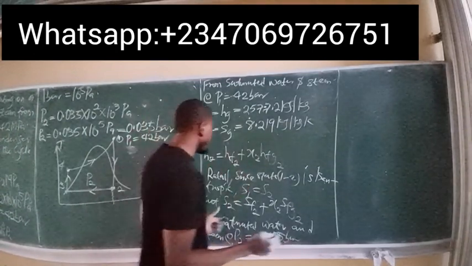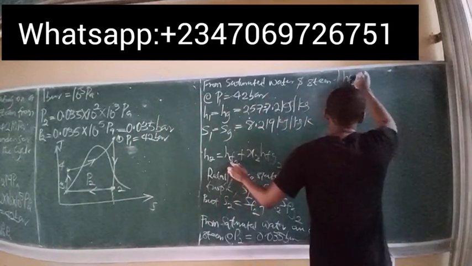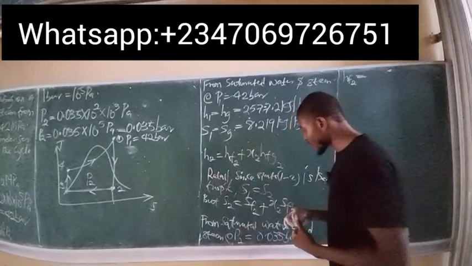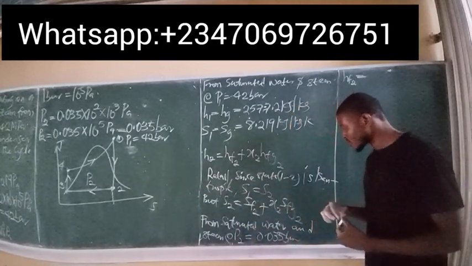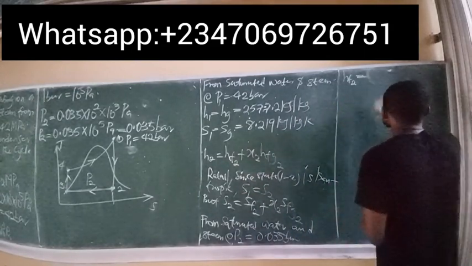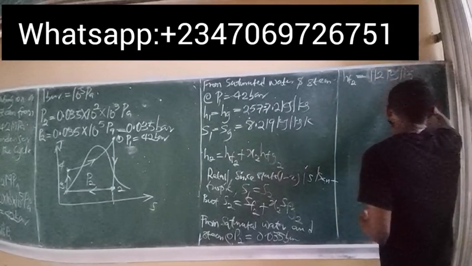So all we need to do now is, first of all, let's find HF2. HF2 is simply equal to, under this pressure, 0.035 bar. So we move to the steam table now. Corresponding to pressure 0.035 bar, what is HF2? HF is simply 112 kilojoules per kilogram.